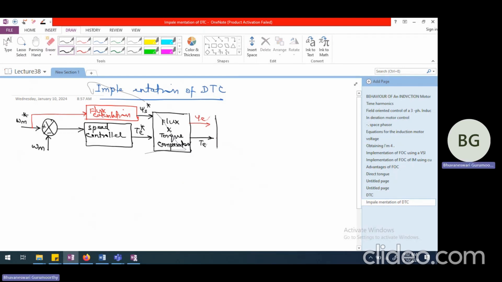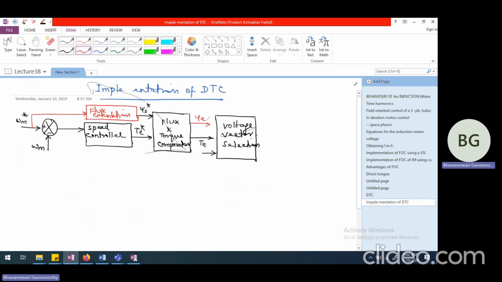Based on the flux error and torque error, I'm going to decide what kind of voltage vector has to be applied to my induction motor on the stator side.